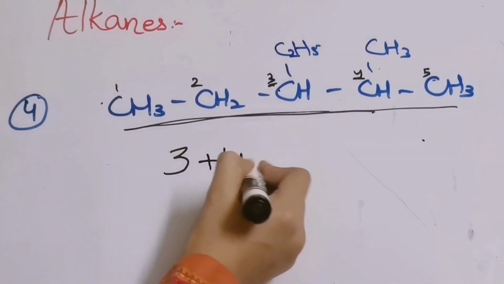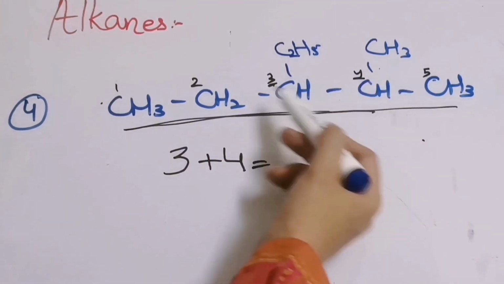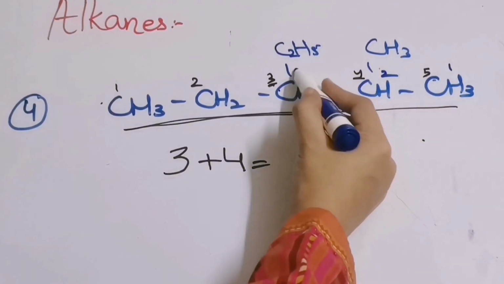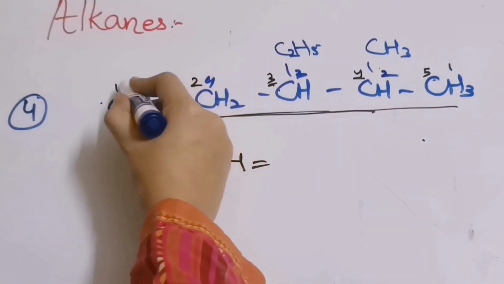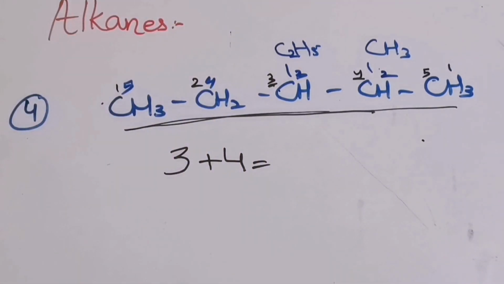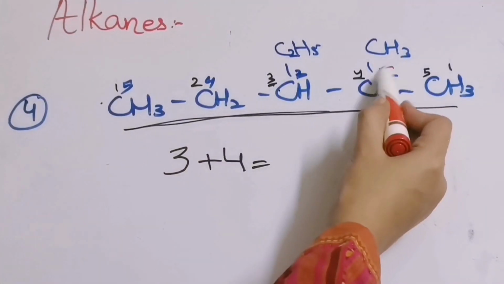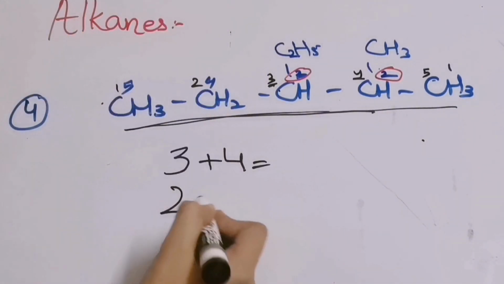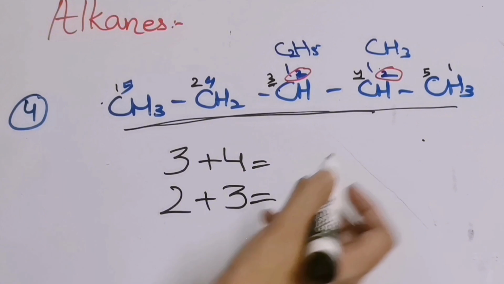And if I write the numbers from the other side, it will be 1, 2, 3, 4 and 5. Now what numbers are given to these substituents? 2 and 3.